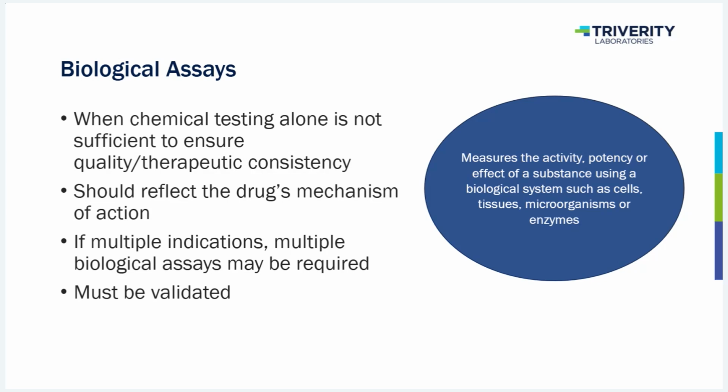And if you have multiple indications, it might be required that you have multiple biological assays. And each of those biological assays has to be validated. And I think the general chapter for biological assays is 1032. So there's a whole USP chapter, quite extensive, on biological assays, development, and validation. System suitability controls and things like that as well.